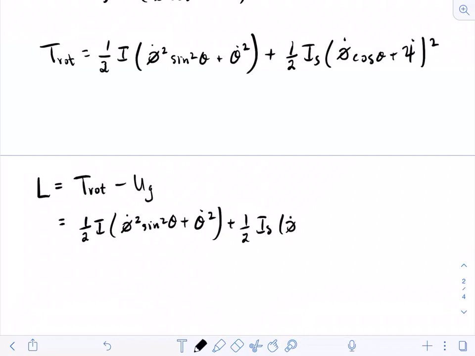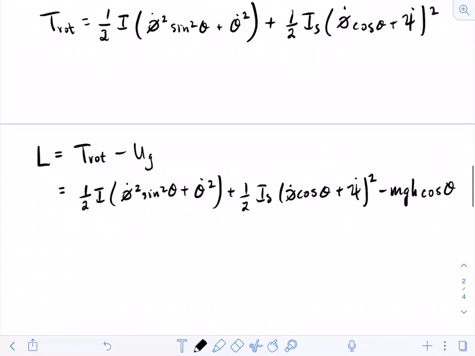And so all we're going to do is subtract off that potential energy. So it's minus mgh cos theta. Okay, so that's our Lagrangian. We'll eventually be talking about angular momentum, and we're going to use L for angular momenta as well. So let's just make it clear that this is the Lagrangian.